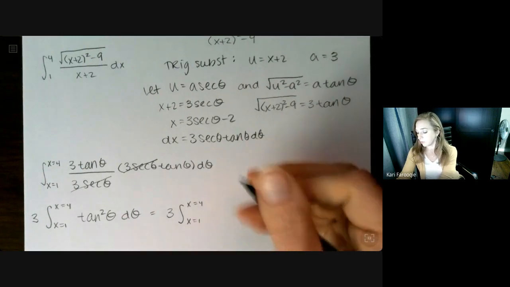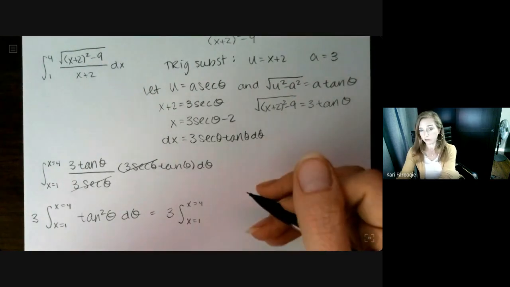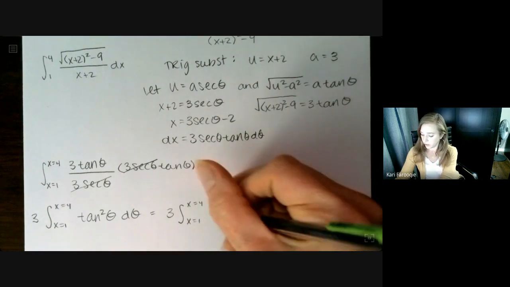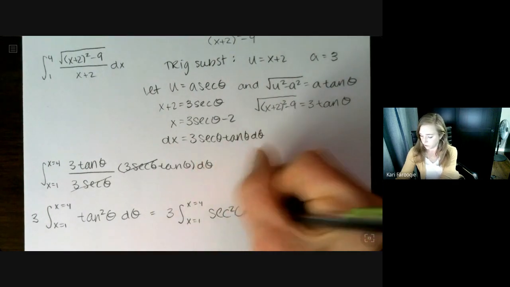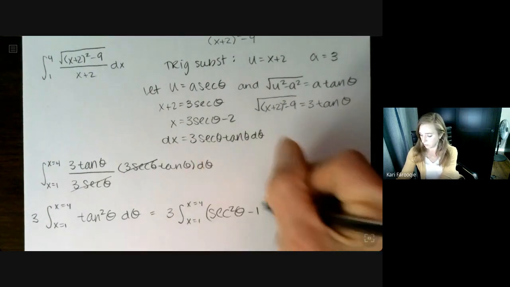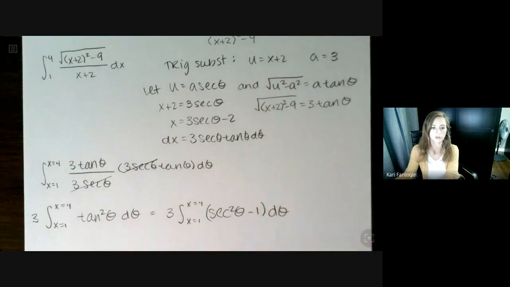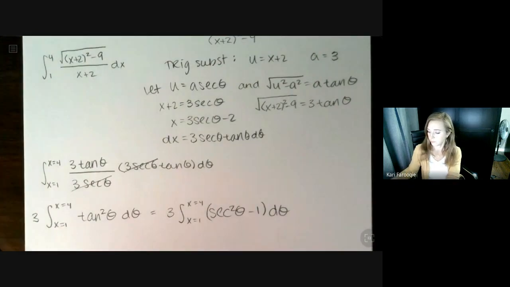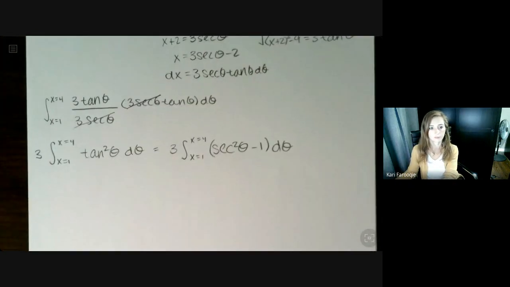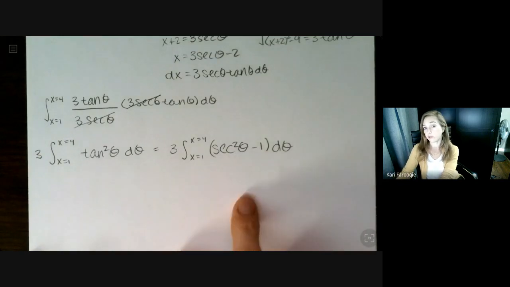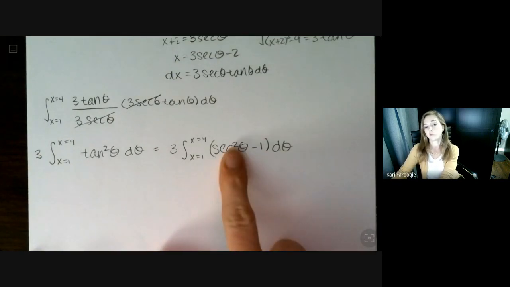All right, so I'm going to rewrite this. If I know that tan squared plus 1 is secant squared, then I know that I can rewrite tangent squared as secant squared theta minus 1 d theta. And then I can integrate because I know that the derivative of tangent theta is secant squared theta.